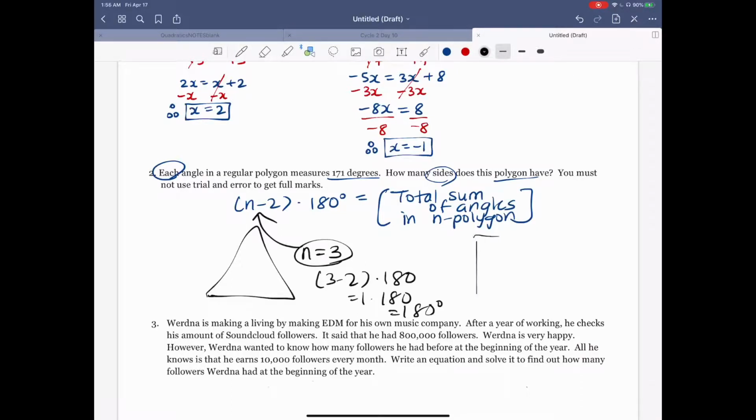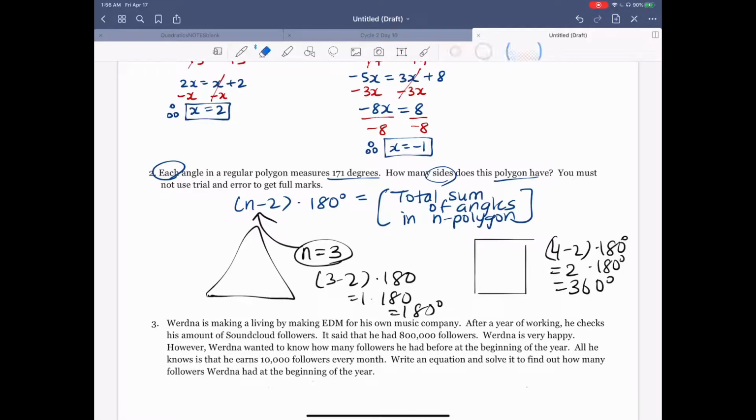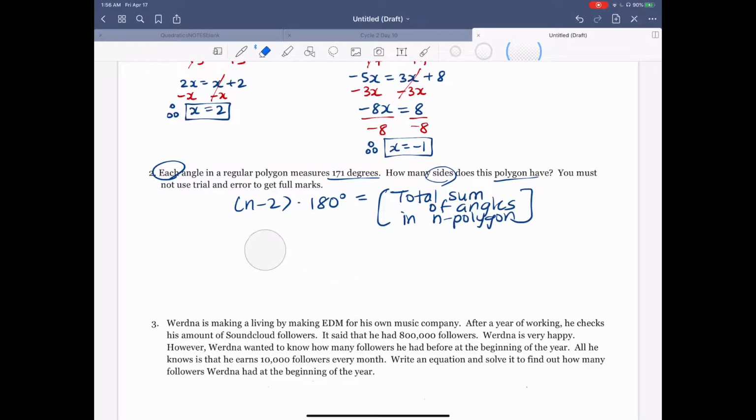If I had a square, you have 4 sides, you would do 4 minus 2, which is 2 times 180, and you get 360. So see how this equation works for those common shapes that we're familiar with. All right, so that's a quick recap.